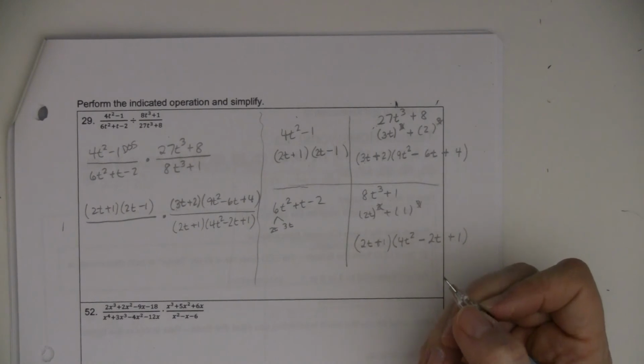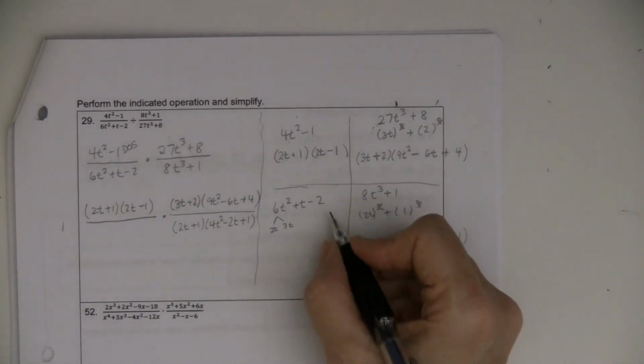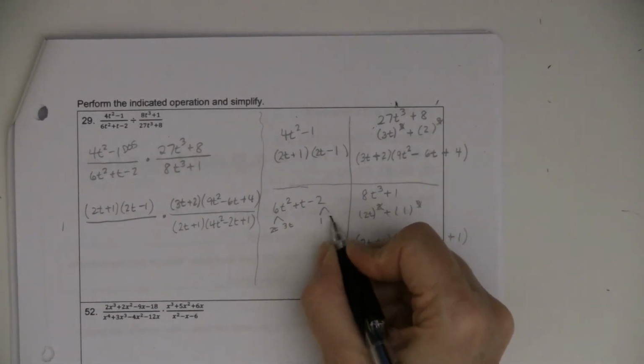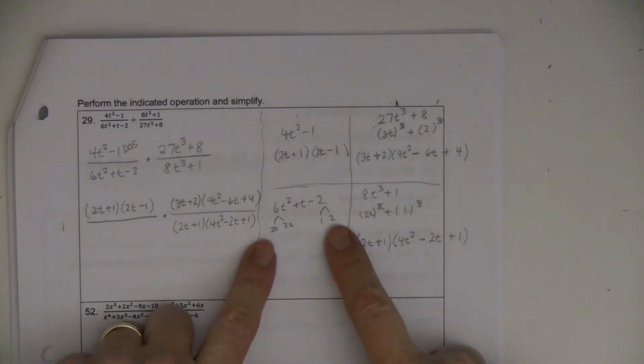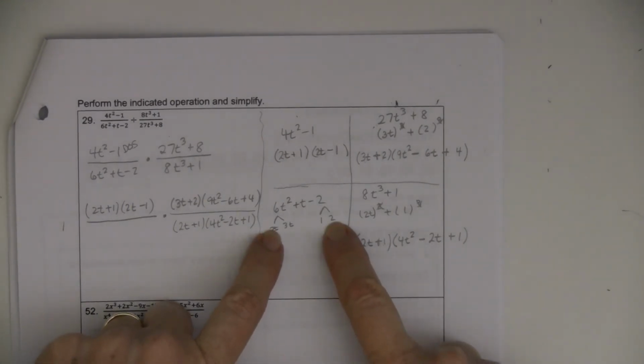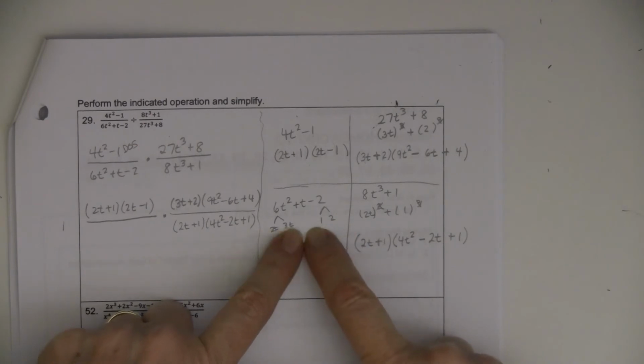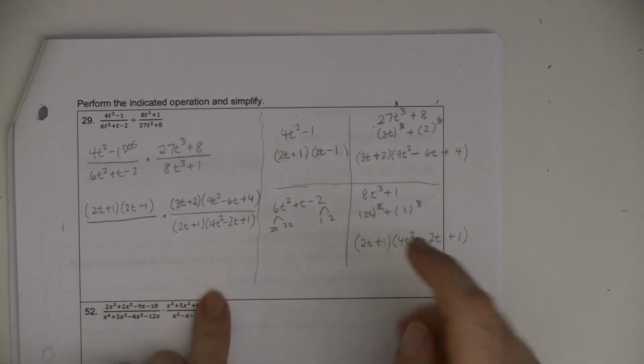So it could be 2t times 3t to make the first work. And it could be 1 times 2 to make the last work. And I'm trying to put that together so that they'll subtract to be 1. And I kind of noticed that if I can get the 2's together, that'll make 4. And if I get the 3 times 1, that'll make 3. So they'll subtract to be 1.